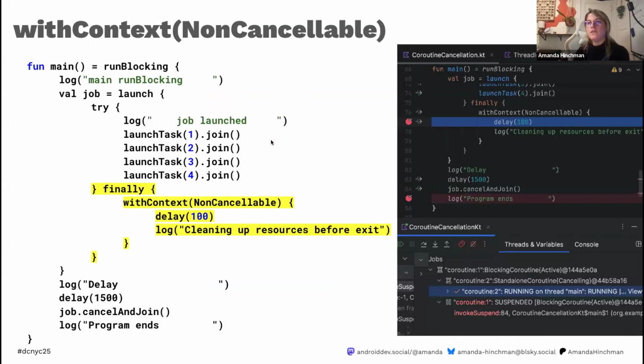You would want to use withContext(NonCancellable). This is only usable when, technically, you're at that finally, outside of the coroutine scope. Only in this finally is the only time you'll ever use this.